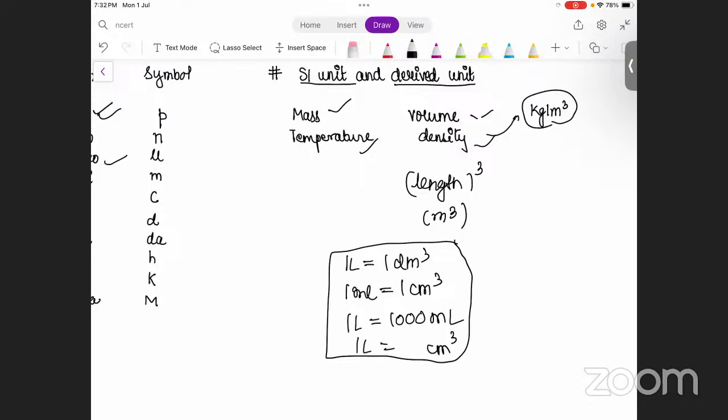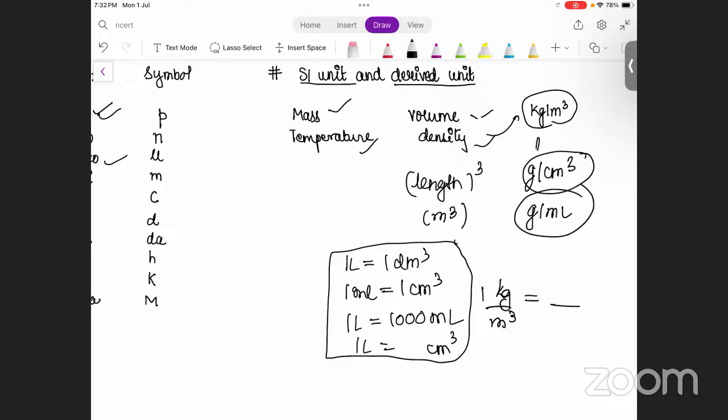I asked you what it will be in terms of gram per centimeter cube, or gram per ml. Yes, Bhavyashri, what will be the answer? If I go from kg per meter cube, 1 kg per meter cube will be equal to how many gram per centimeter cube? Yes, quickly tell me your answer. This answer will be given by Bhavyashri.